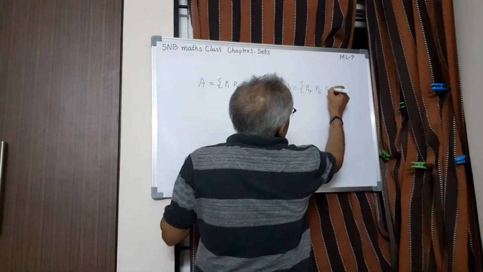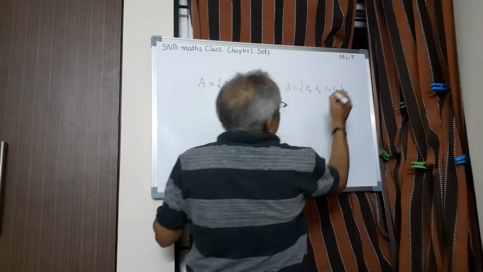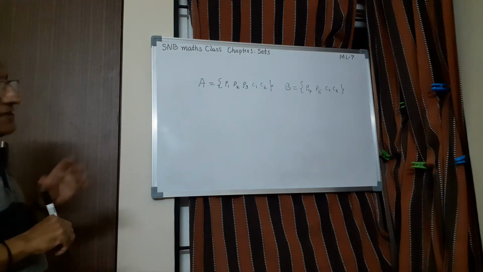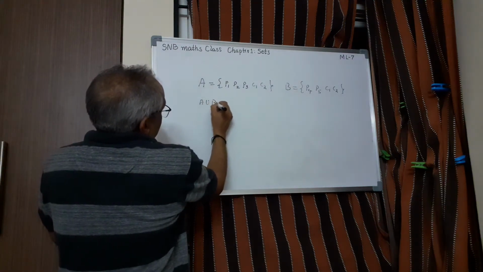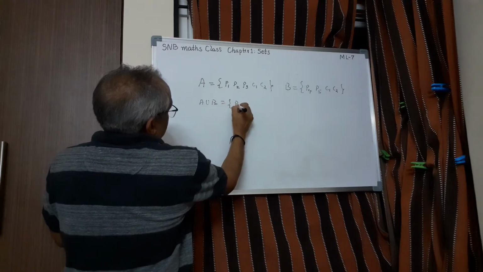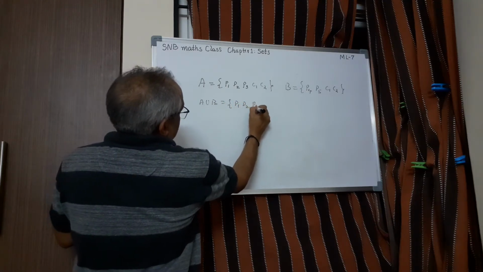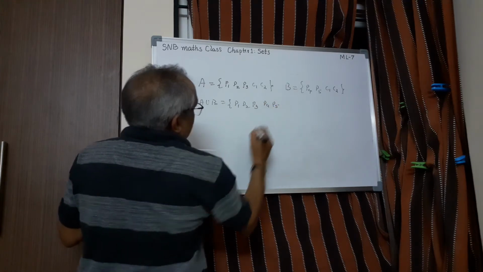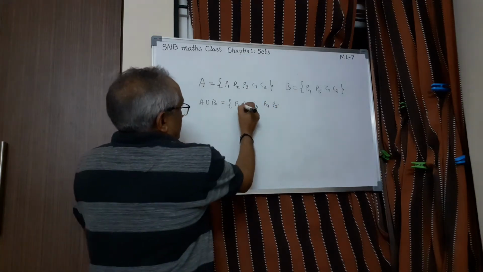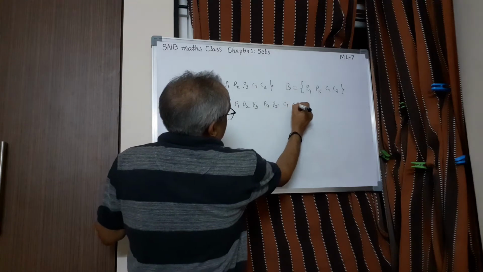So this is C1, C2. Then if you take A union B, you have seen this one, P1, P2, P3, then P4, P5, we are writing pens together. So then it is C1, C2.